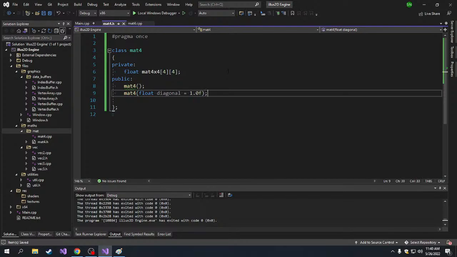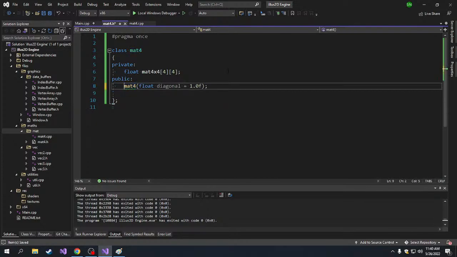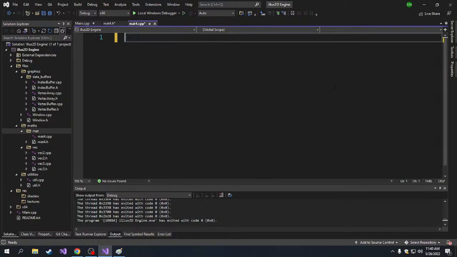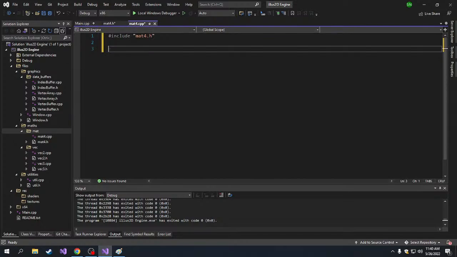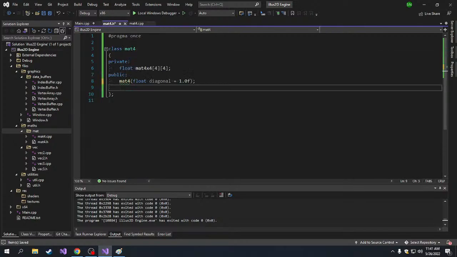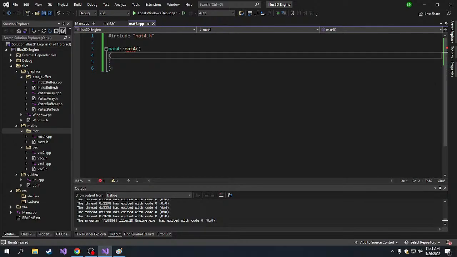I'll set it to 1 by default. Actually, we don't need this here. I'm implementing this. So include mat4.h. We'll do mat4, and take a diagonal, of course.